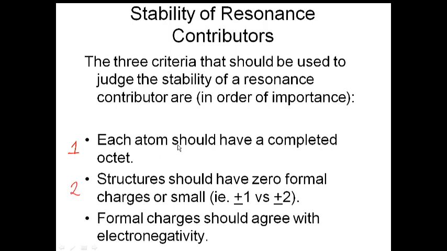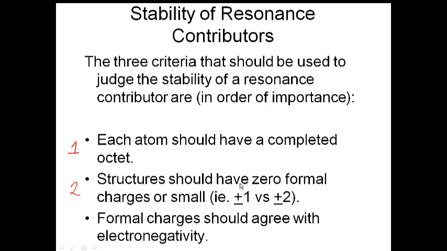If they're tied there, we go to rule number 2 that says structures should have 0 formal charges. The most stable structures have 0 formal charges. Otherwise, small charges are preferred over big ones. So it'd be better to have just one -1 charge in the structure than to have a -2 or a +2.